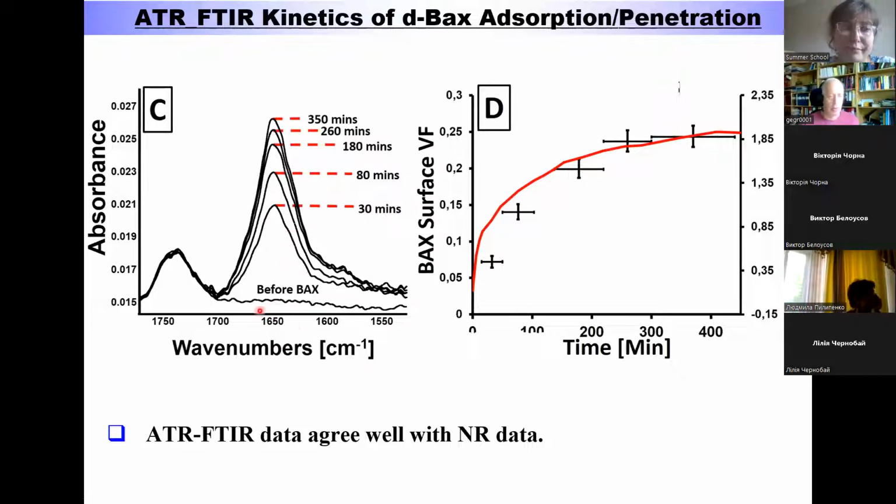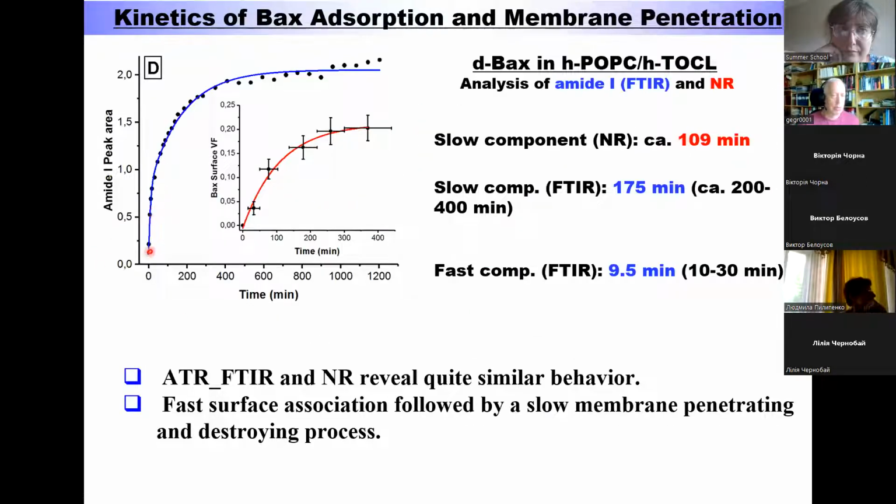You see also how the amide band, when bugs is added, increases over time, so something happens with bugs and the membrane. You can plot it, and if you plot it together with the neutron peak intensity, there is the amide peak.